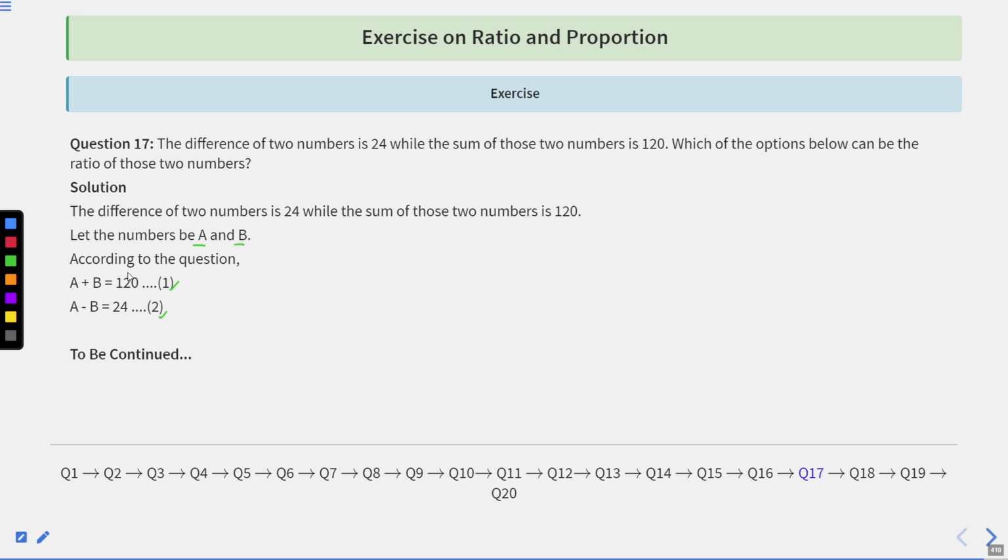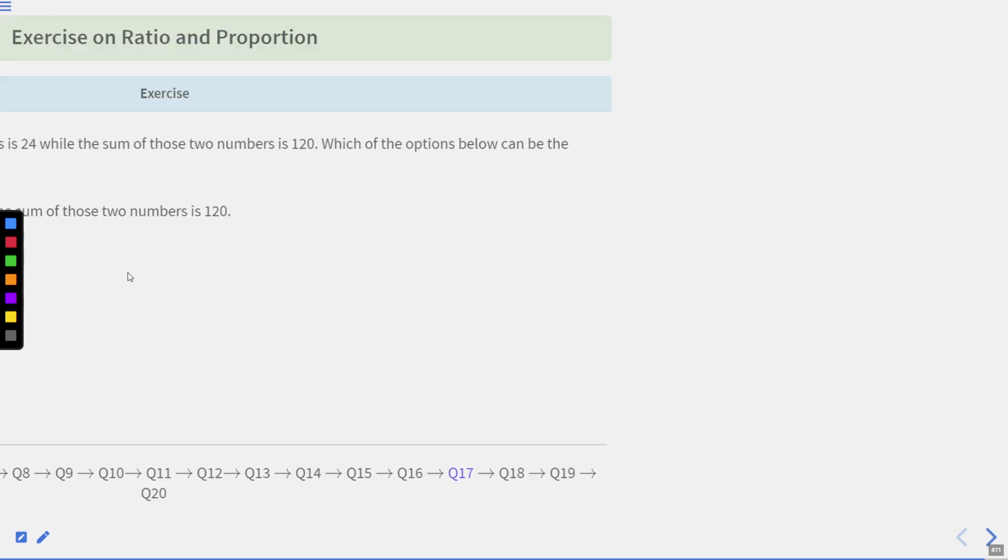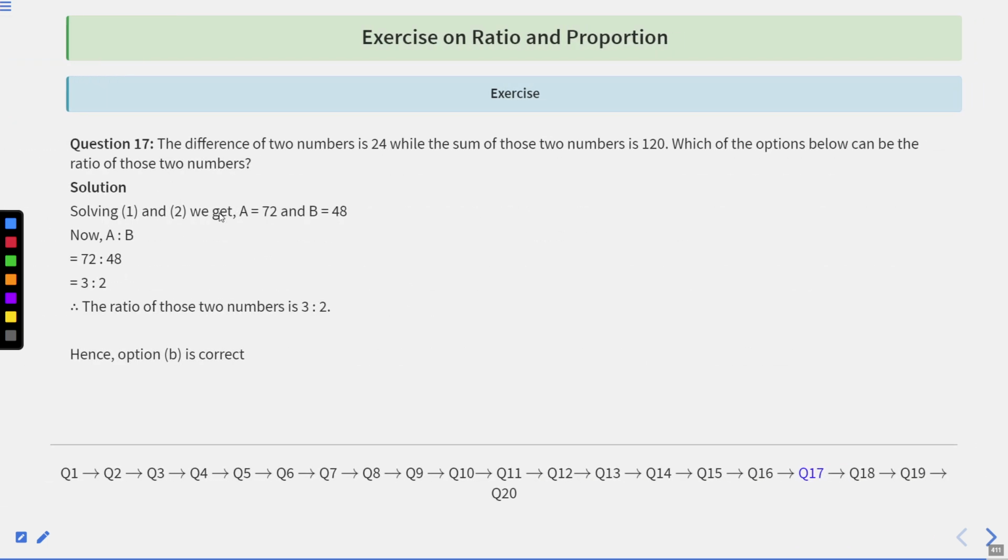Let us name these equation 1 and 2 respectively. When you solve equations 1 and 2, you will get A equal to 72 and B equal to 48. So the ratio A is to B will be 72 is to 48, that means 3 is to 2. So the option correct here will be option B.